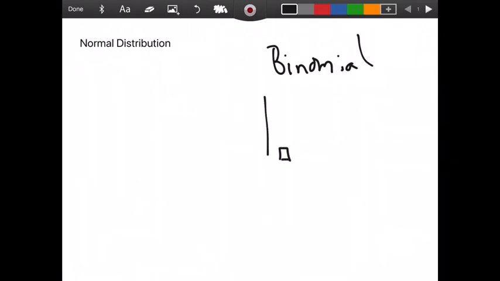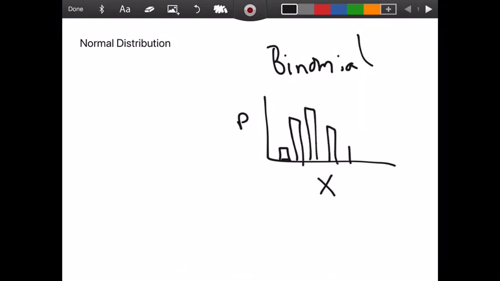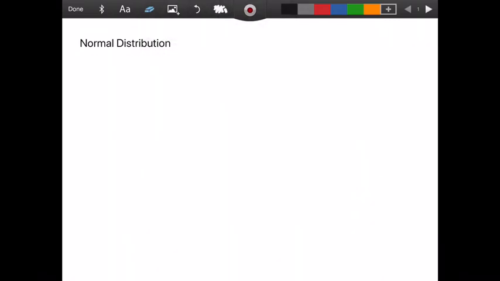And if this was probability against however many times you get a 6, maybe it would look something like this. So you'd have 0, 1, 2, 3, 4, etc. So you'd have the probabilities of getting each different number of 6s. So that was discrete, but the normal distribution is continuous.